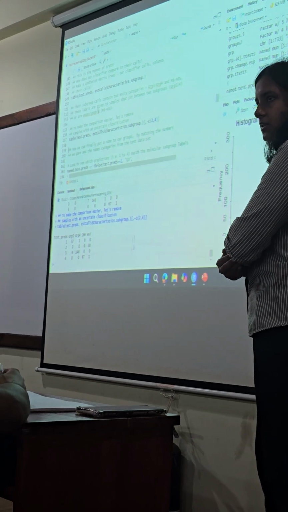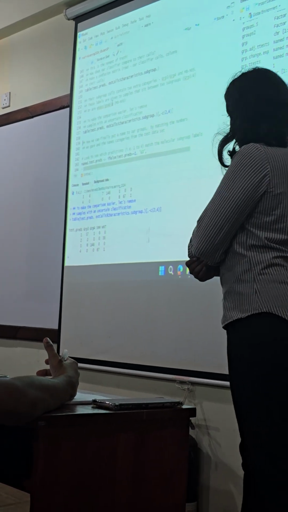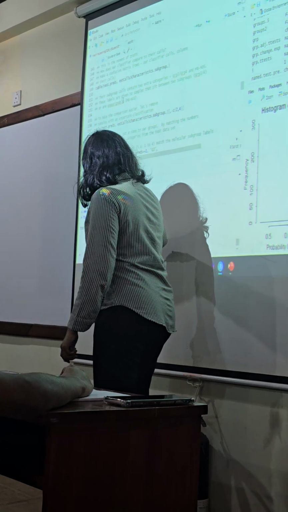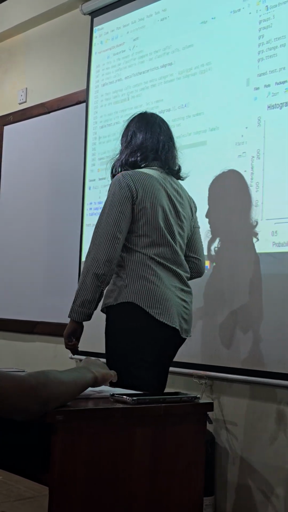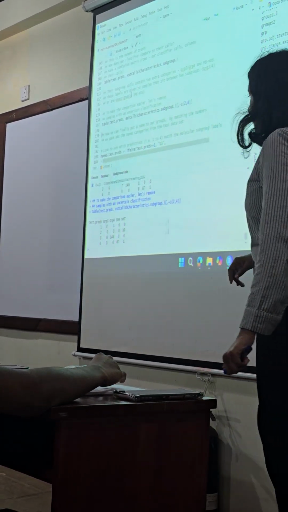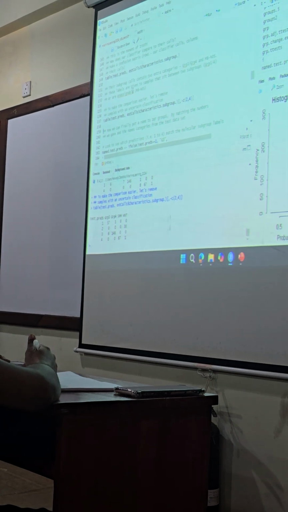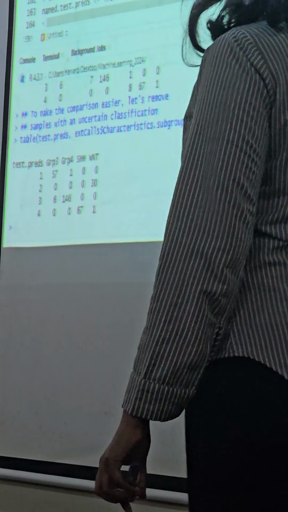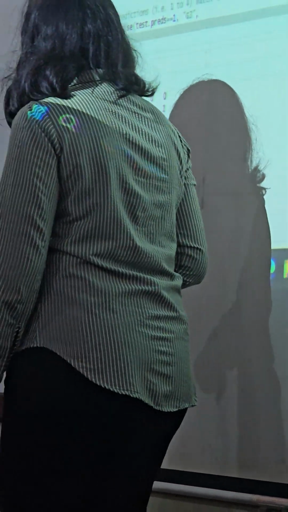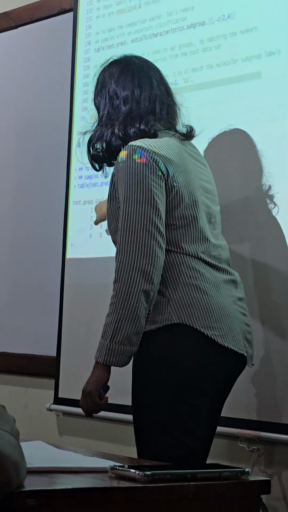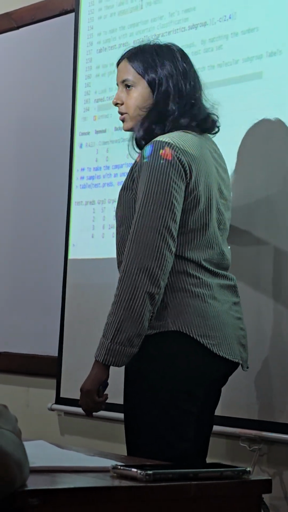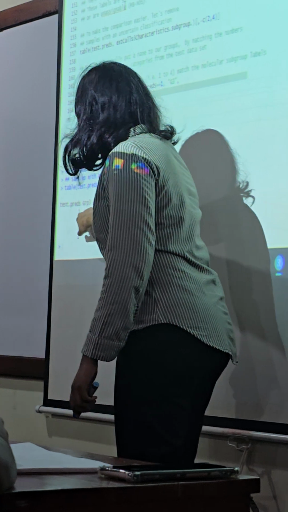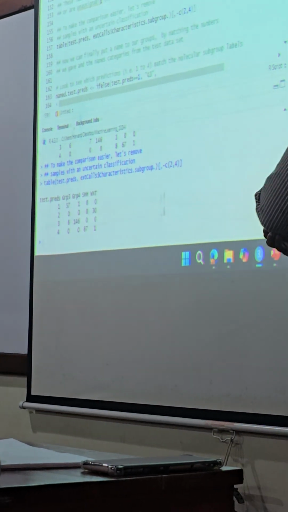Based on the confusion matrix, except for a few misclassifications, around 8 samples have been misclassified, but the other samples have been correctly classified, right? So you have to check these. These are the actual labels, these are the predicted labels, right?